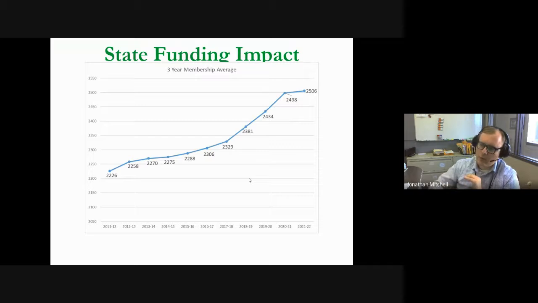And so you see this sharp increase overall in membership average from 2,226 students to 2,506 students. And so, from a revenue limit standpoint, there are more students, and the number of students per property value should be improving in the state formula. Because if you have a lower property value per student, then the community receives more in state aid. So we should see that play out on our next slide as we look at this.